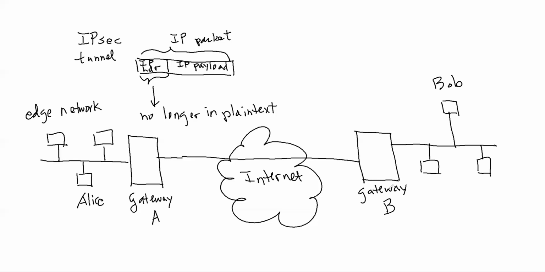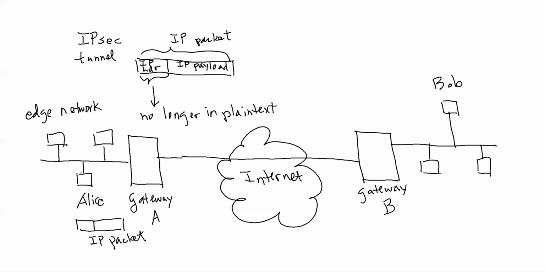So if Alice wants to send an IP packet in tunnel mode to Bob, she needs to pass it through the gateway.